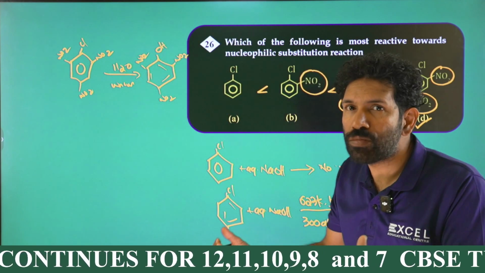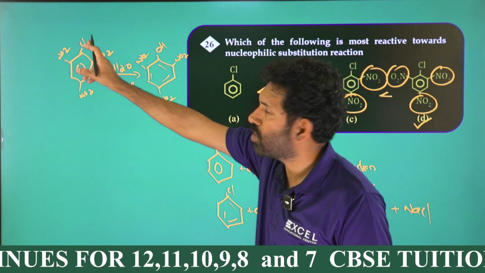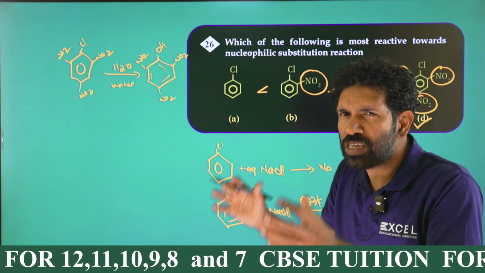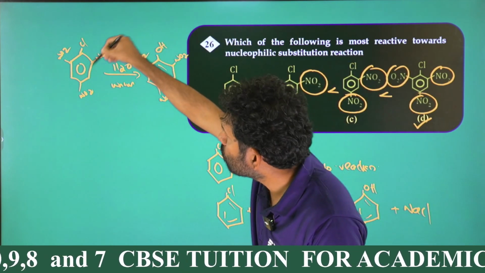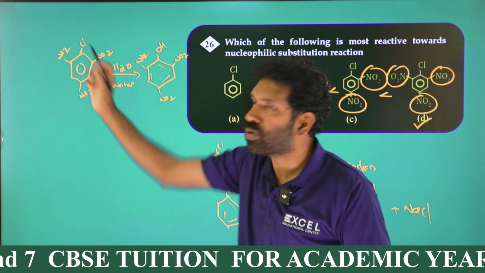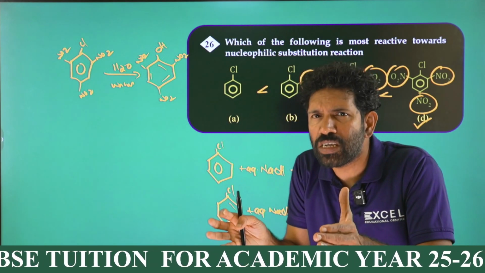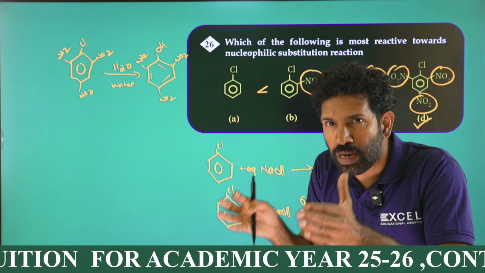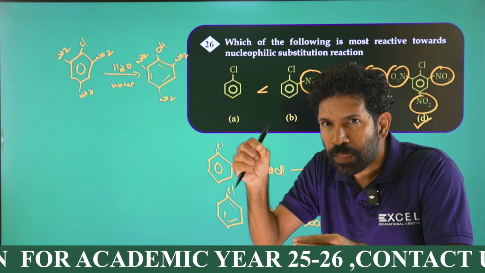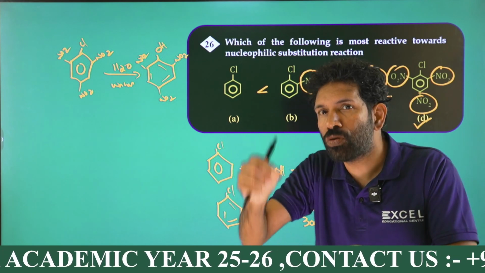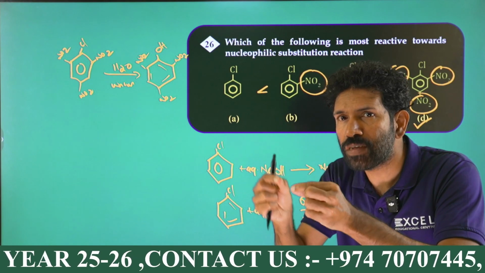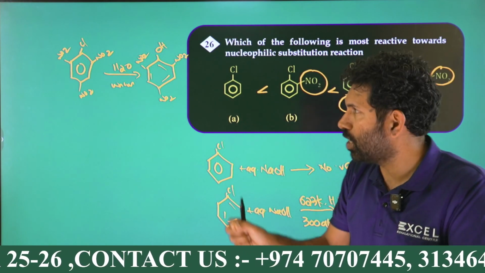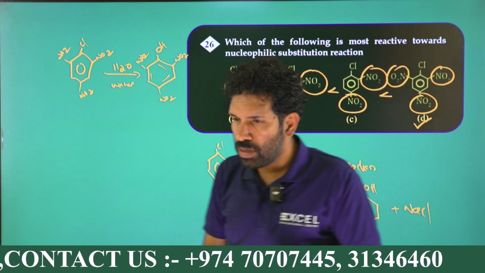Water will provide OH minus and OH minus will replace the Cl minus to get phenol. So the secret for high reactivity of this compound is the presence of NO2 group at ortho and para. So you can increase the reactivity of aryl halide towards nucleophilic substitution reaction by putting NO2 at ortho and para. Now, why?